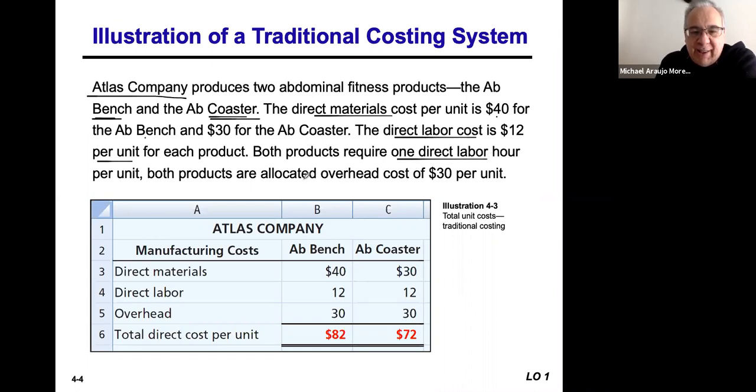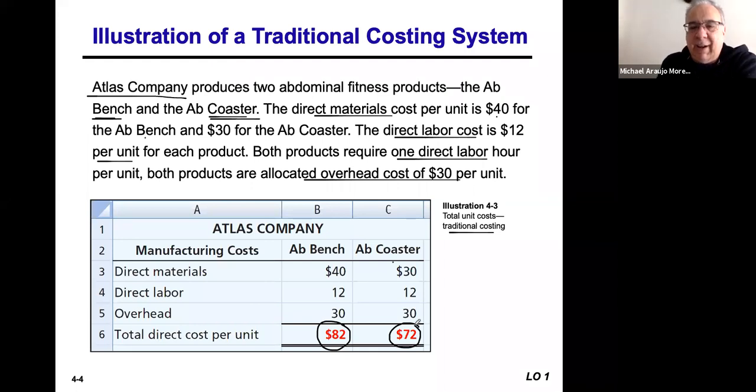And so they allocate the overhead at $30 per hour of labor. And so if you did it the traditional way, you would see the ab bench would have a direct cost of $82 per unit. The ab coaster would only have a direct cost of $72 per unit.